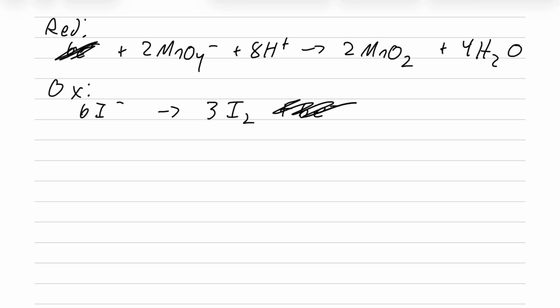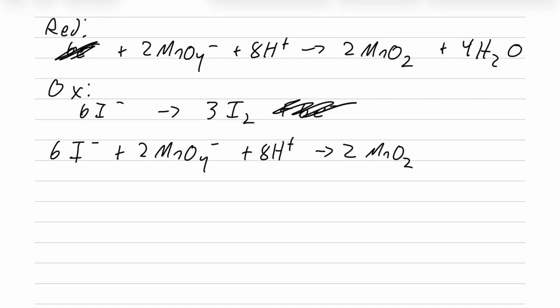So then for the full reaction, I would combine the products and combine the reactants. It doesn't really matter the order. So 6I minus plus 2MnO4 minus plus 8H plus goes to 2MnO2 plus 4H2O plus 3I2.